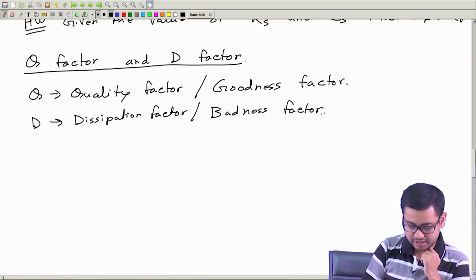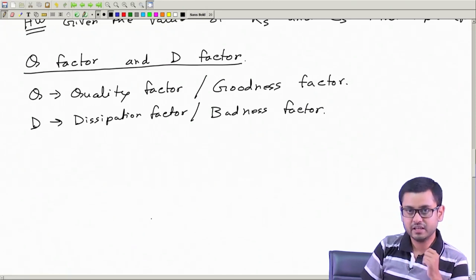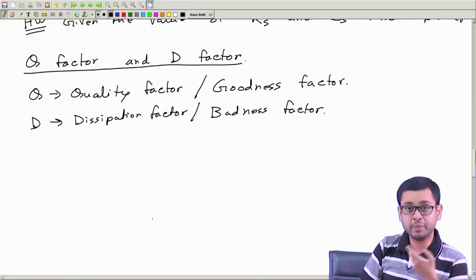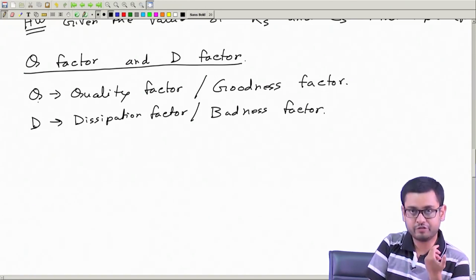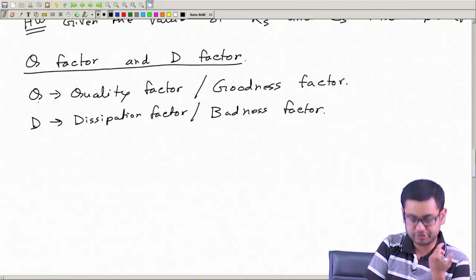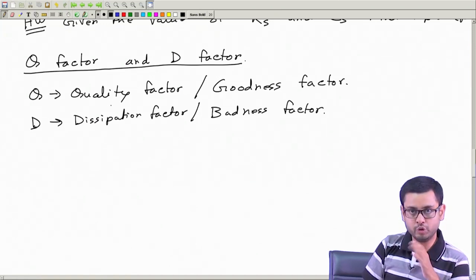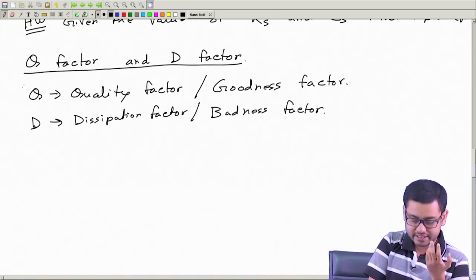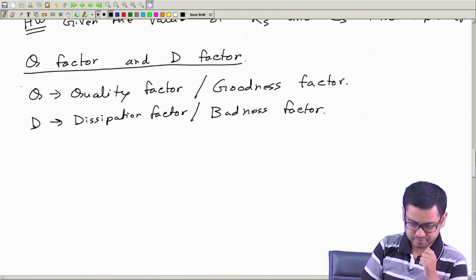Now, a small note is that the term Q factor in electrical engineering is often used in multiple contexts. It has several definitions in several different contexts, like in the context of filters, in the context of resonance circuits, and also in the current context which we are discussing. So you should not get confused, because unfortunately the same name is used in different scenarios. Okay.